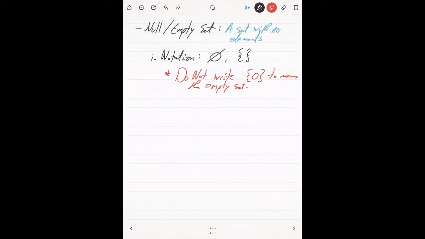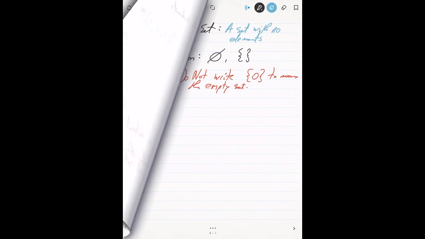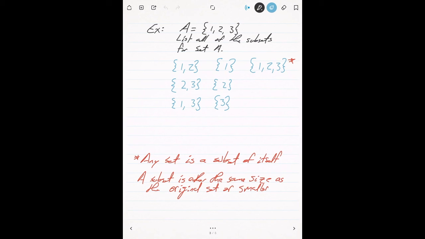What I want to point out to you is a very special topic about the empty set. Let's go back to talking about subsets really quick. You might say that this is the list of all subsets for 1, 2, 3. However, we're missing one. The empty set is also a subset of the set 1, 2, 3. In fact, let me put a little star here, and I'll write this down at the bottom.